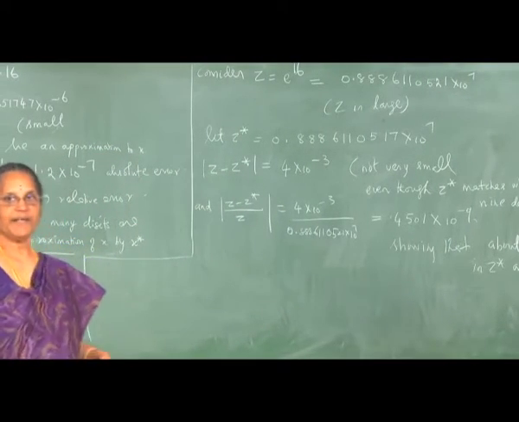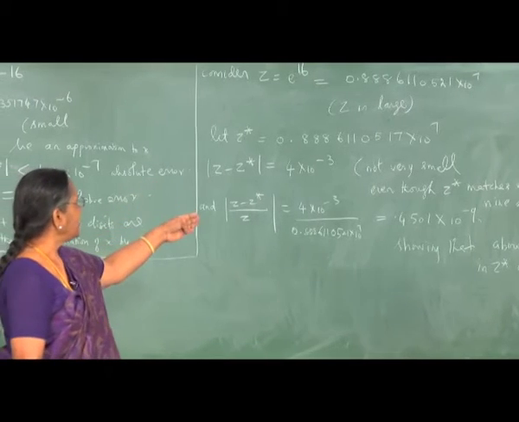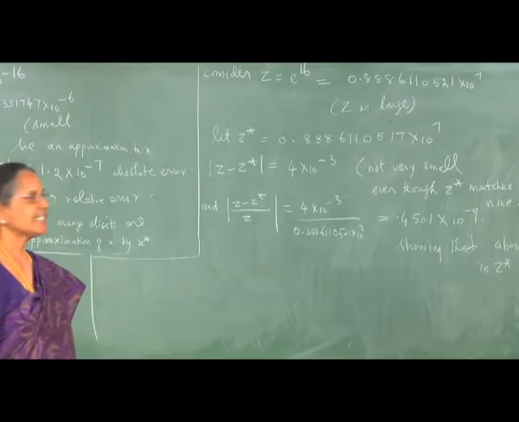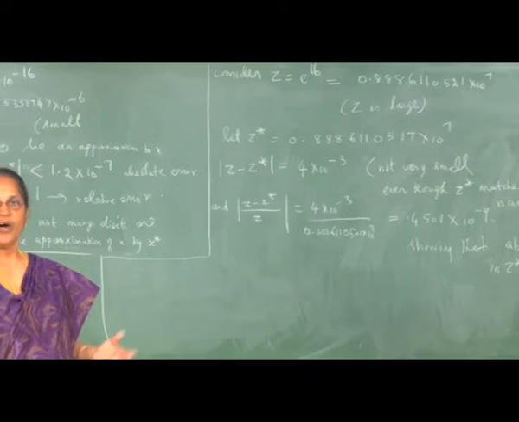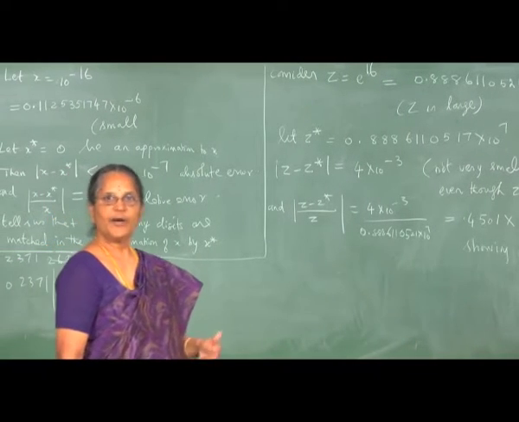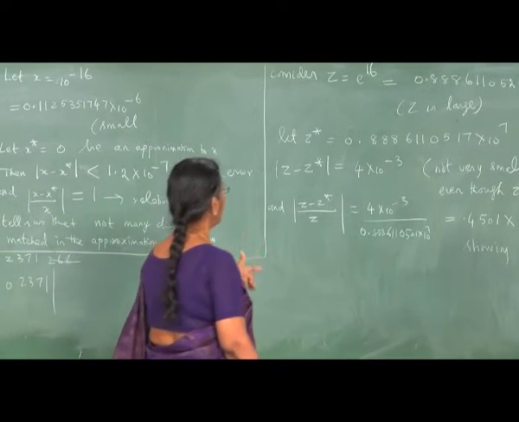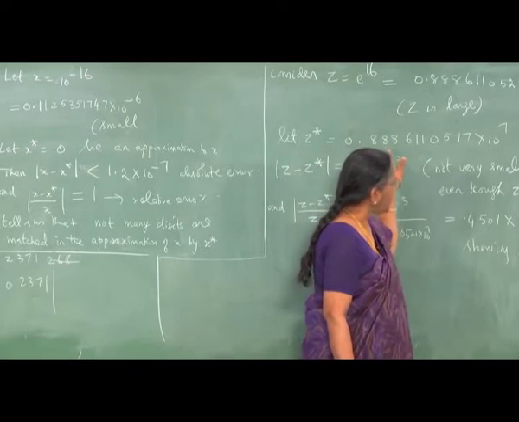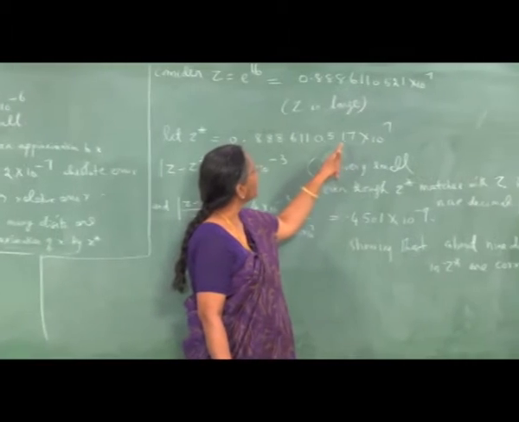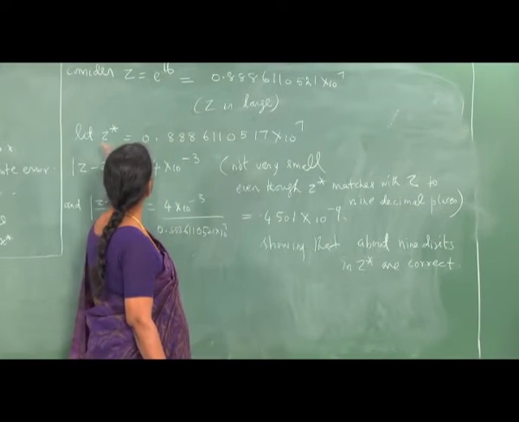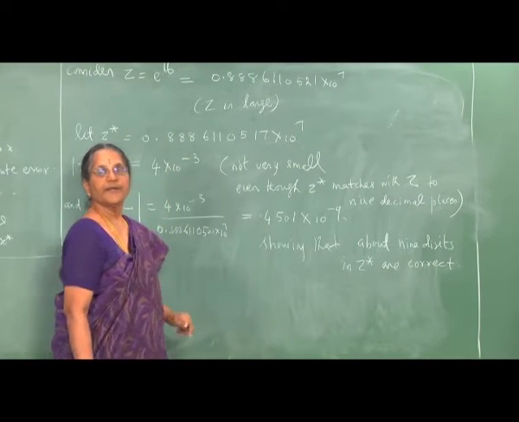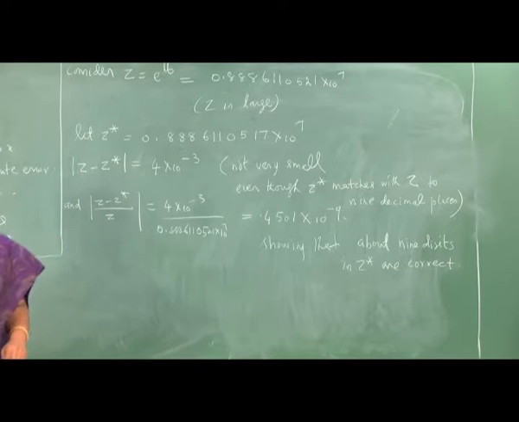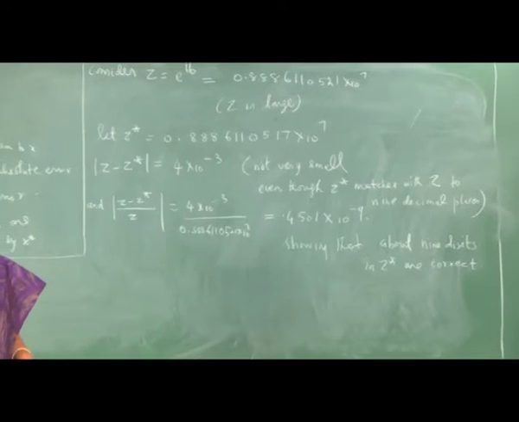That does not happen. It is not small, even though z and z star match up to 9 digits. On the other hand, if you compute the relative error, it clearly shows that the 9 digits are correct in the approximation of z star, taking the true value as z.